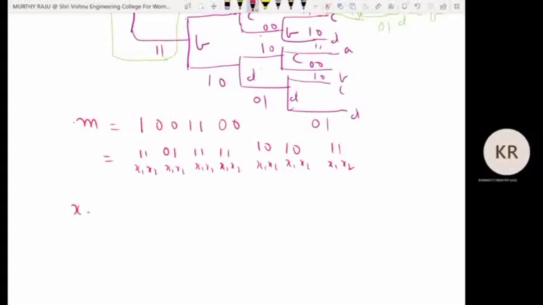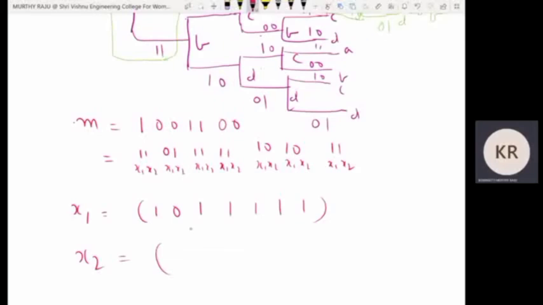Therefore, x1 is equal to 1 0 1 1 1 1 1 0 1 0 1, and x2 is equal to 1 1 1 1 0 0 1.